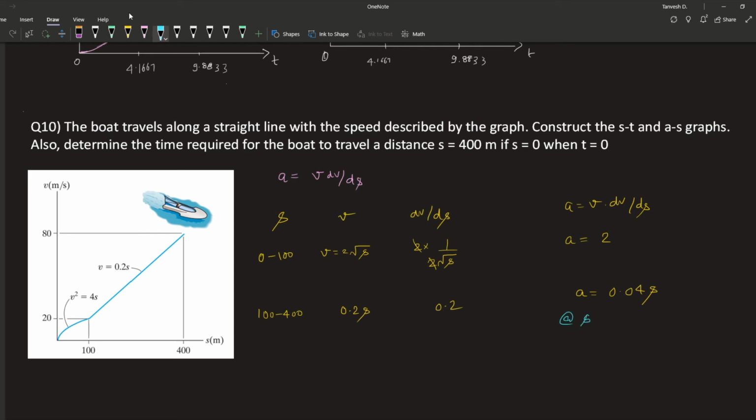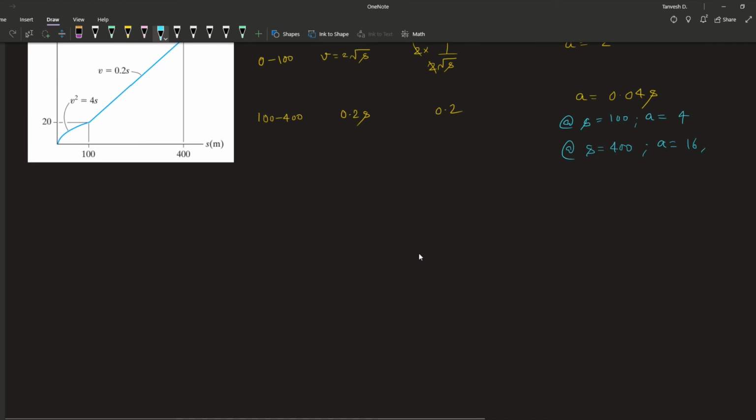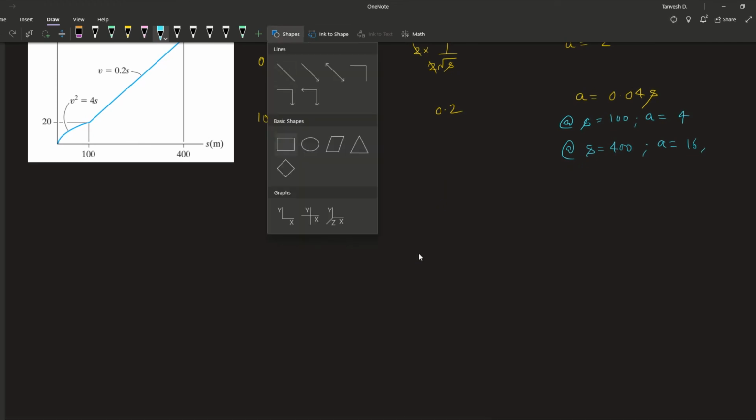At s equals to 100, your acceleration will be equals to 4, and at s equals to 400, your acceleration will be equals to 16, right? 16 meters per second square. So now we have got all the values required. We can easily plot the acceleration displacement graph. Let us plot that.